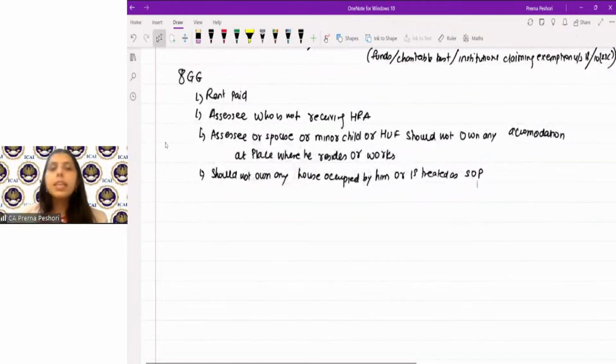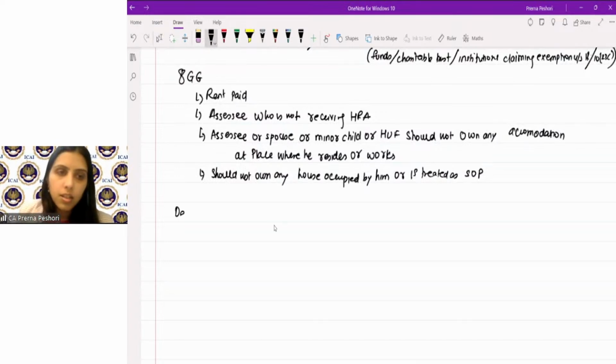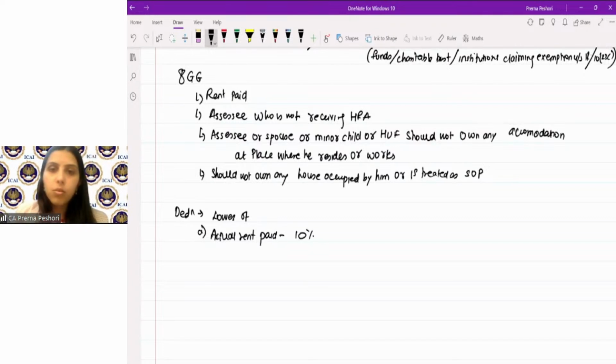Then what is the deduction quantum which is available? Deduction is the lower of actual rent paid minus 10% of total income.